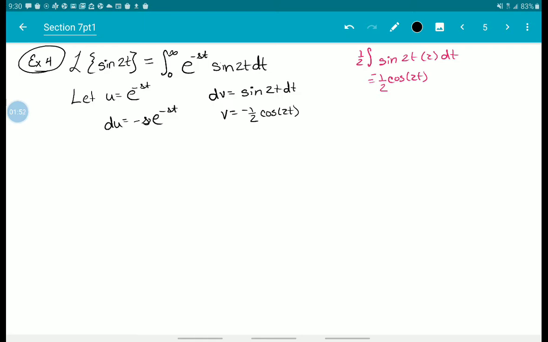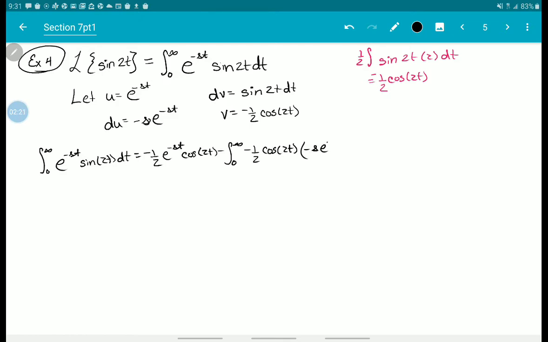So here's what we have. We are trying to integrate e to the negative st sine of 2t dt. And that's going to be uv minus the integral of v du. So du, we need that dt there.